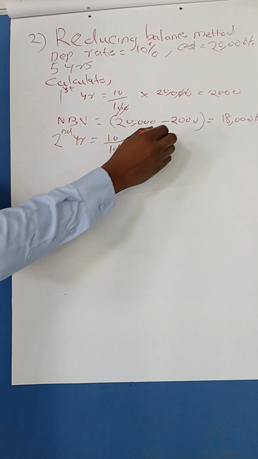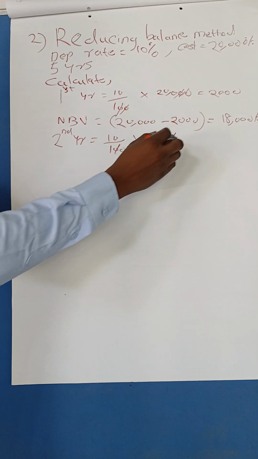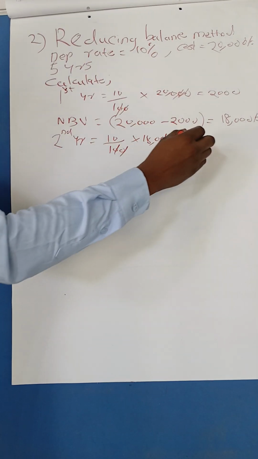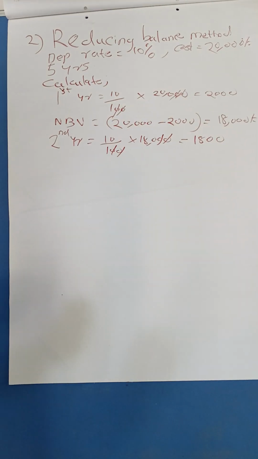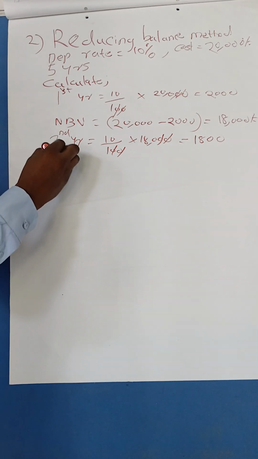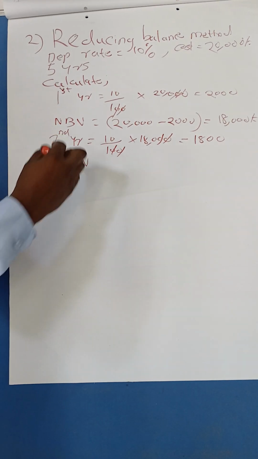So I will calculate that. My depreciation for the second year was 1,800. Now, what is the new book value, so that we can go to the third year?